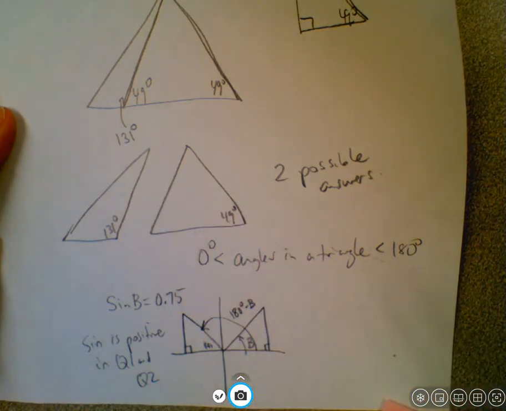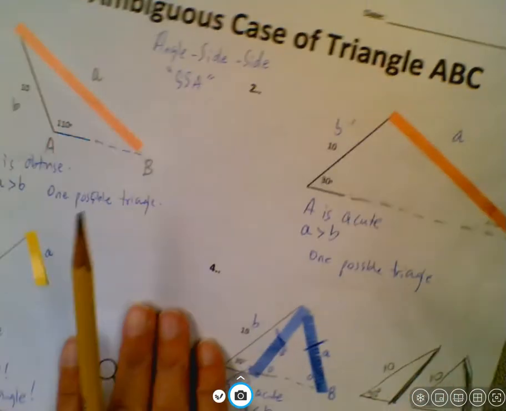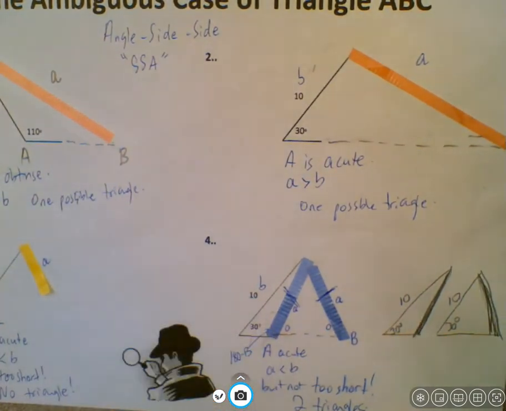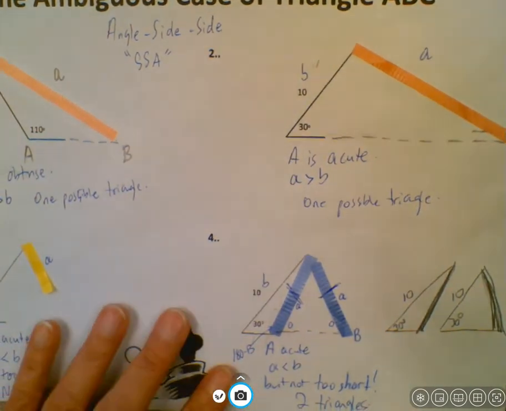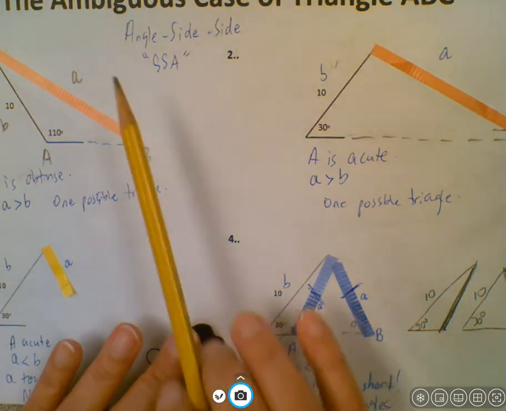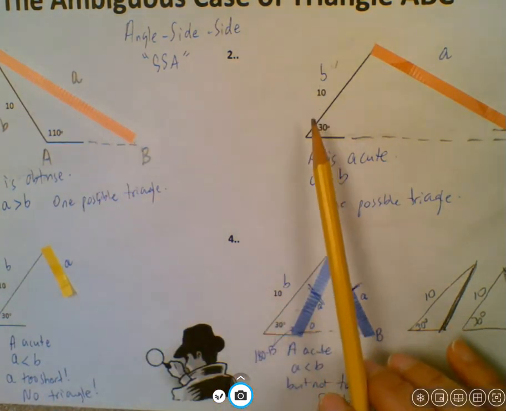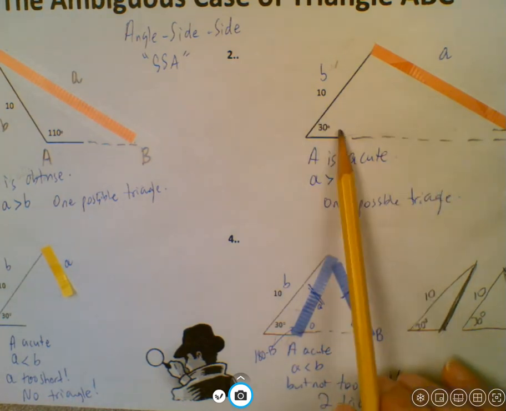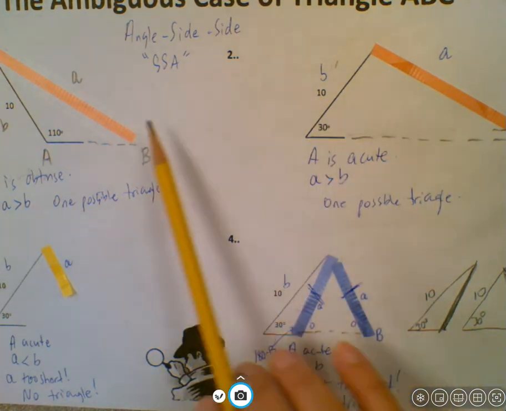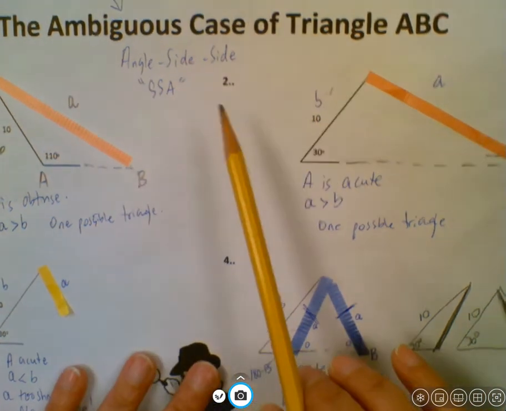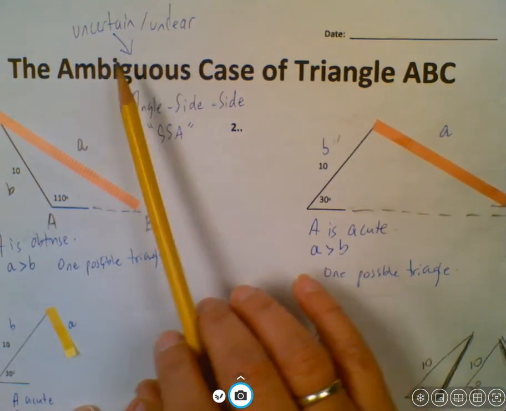Okay, so the key with the ambiguous case is to understand the four cases. These are the four possibilities that you could have. If you're obtuse, you have one possibility. If you're acute and the other side is longer, you have one possibility. These two are not ambiguous, right? Remember, the word ambiguous means it's uncertain or unclear.